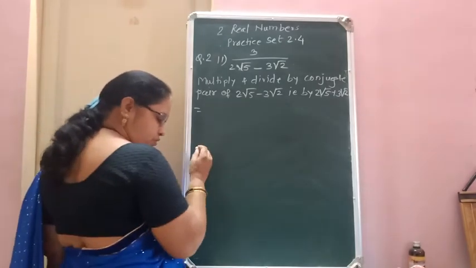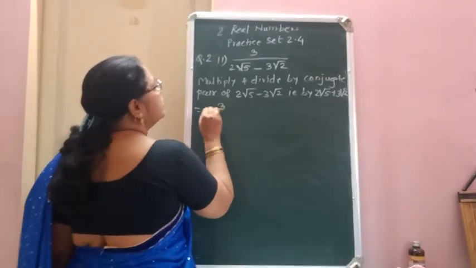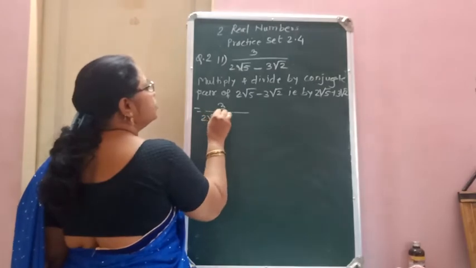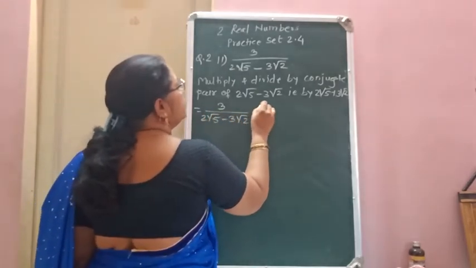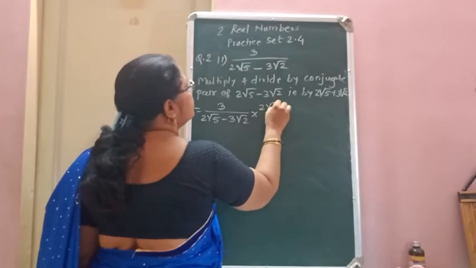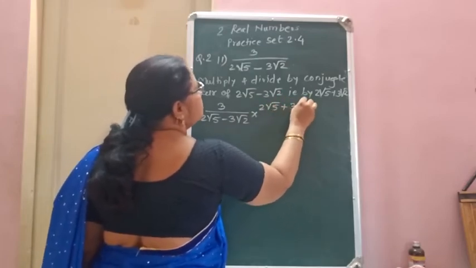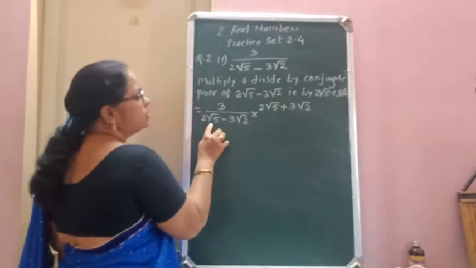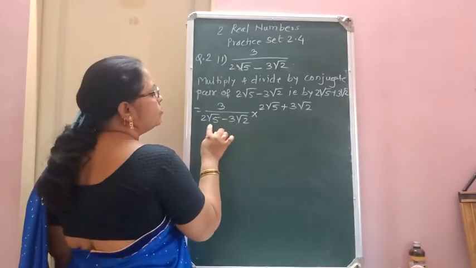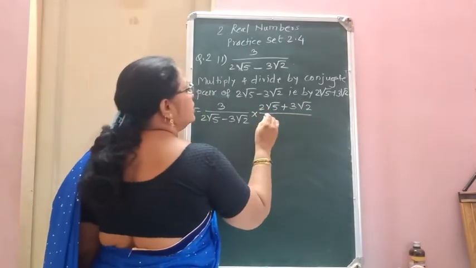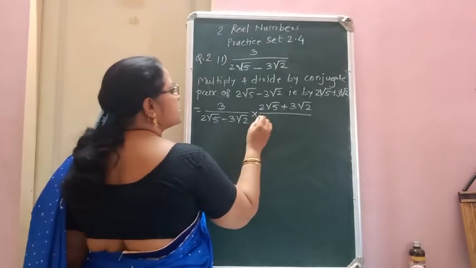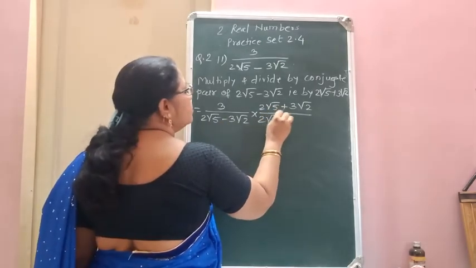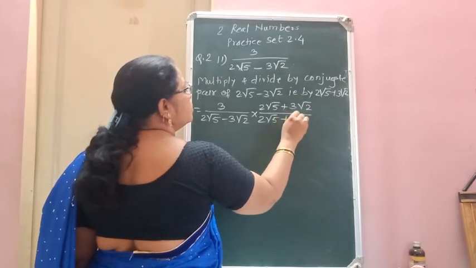So write down firstly the given 3 upon 2 root 5 minus 3 root 2, into 2 root 5 plus 3 root 2. For the complex conjugate number, here a minus sign is there, so there is a plus sign: 2 root 5 plus 3 root 2.